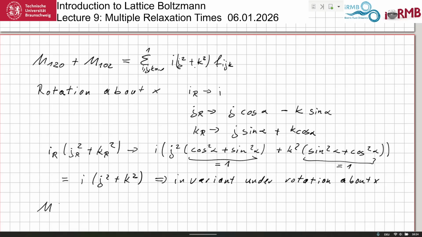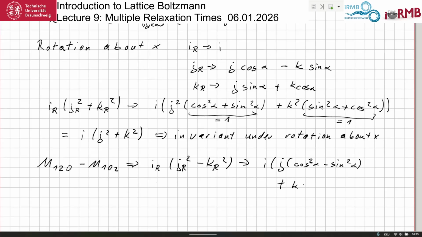However, the same thing does not apply to M120 minus M102, because here we'll have IRJR square minus KR square, and this goes into IJ cosine square alpha minus sine square alpha plus K sine square alpha minus cosine square alpha.